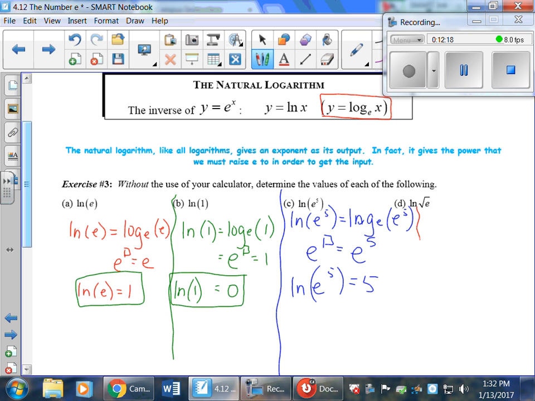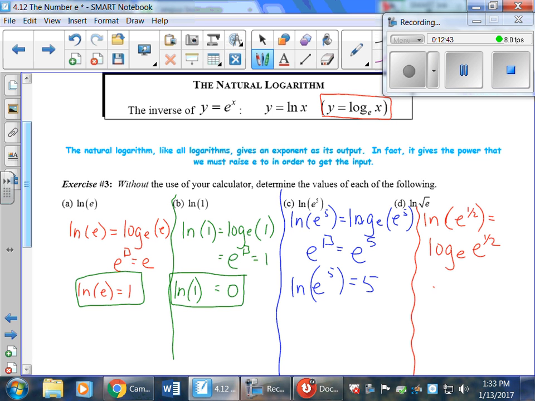And our last problem, we're going to, of course, rewrite this as natural log of e to the 1/2. I'm sorry, I should put that inside the parenthesis. I don't want you to think we can use the power law there yet. Ln of e to the 1/2 is going to equal log base e of e to the 1/2.